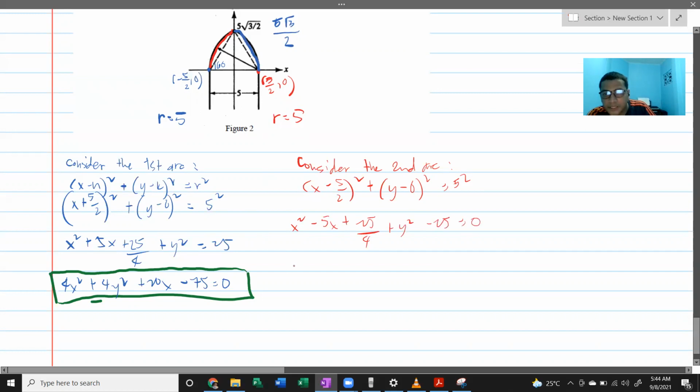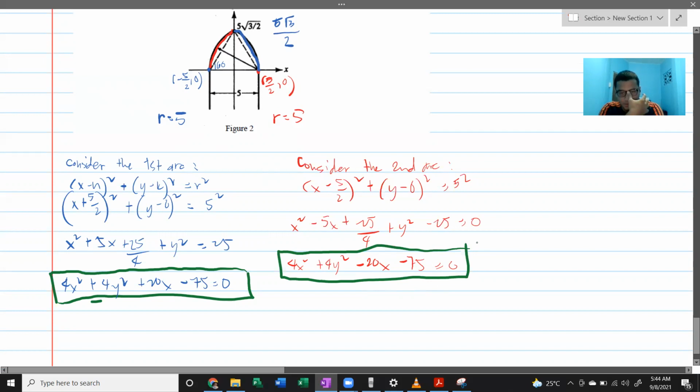Okay, multiplying both sides by 4: 4x squared plus 4y squared minus 20x minus 75 equals 0.